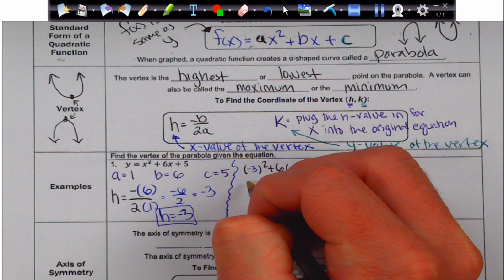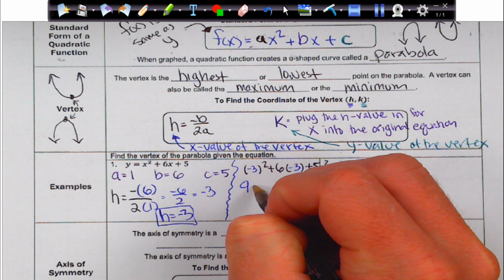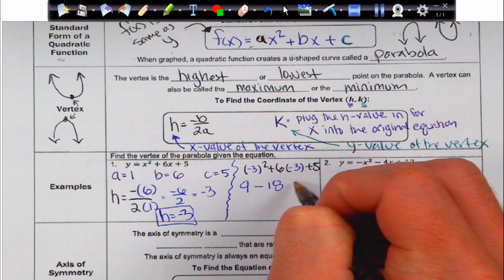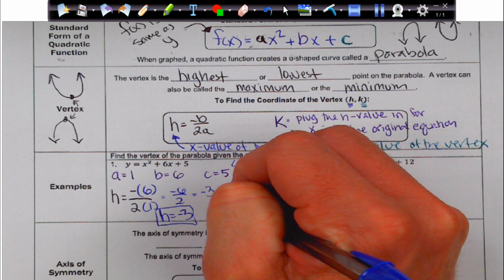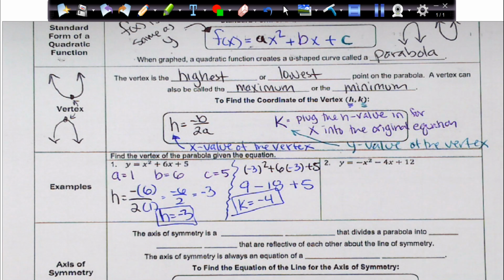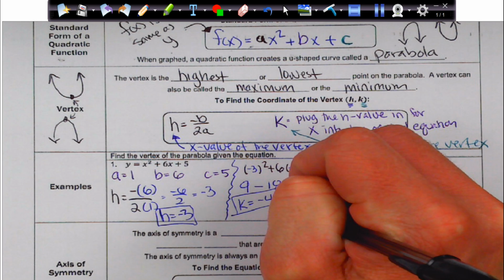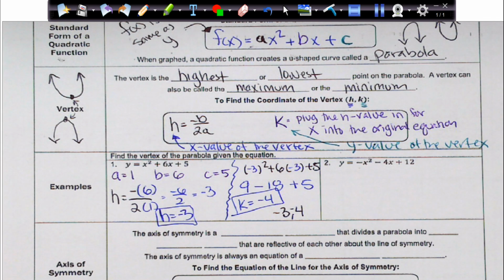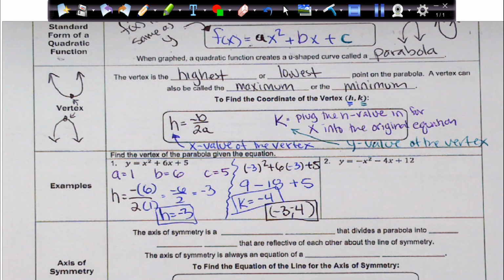Negative 3 squared is going to be positive 9. 6 times negative 3 is a negative 18, and then plus 5. Okay? When you combine all that, you get k equals negative 4. And so my vertex, my final answer for my vertex is negative 3, negative 4. And that is my answer.